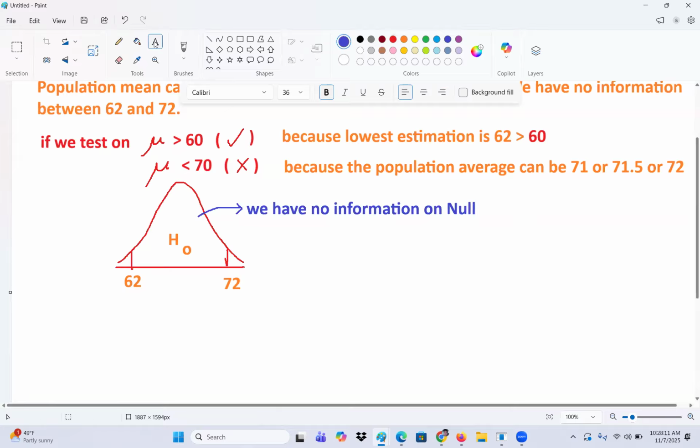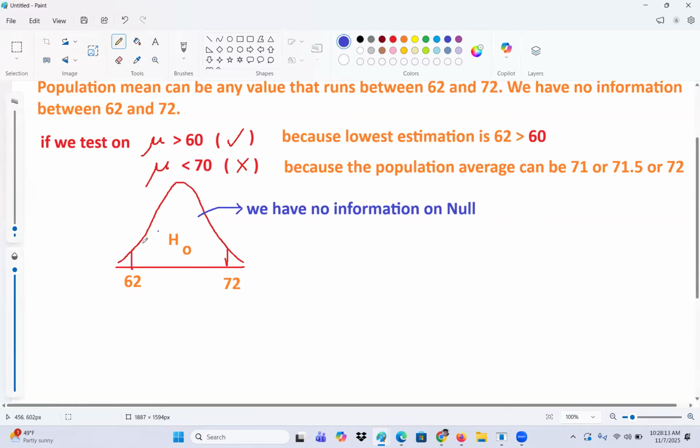And we can only accept the value when you test the mean in any of these regions we call the critical region. It's coming from a sample. Let's say the mean was greater than 60. Of course, any point that we test above 60 is going to be accepted.